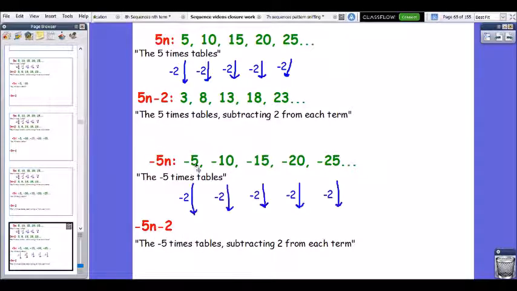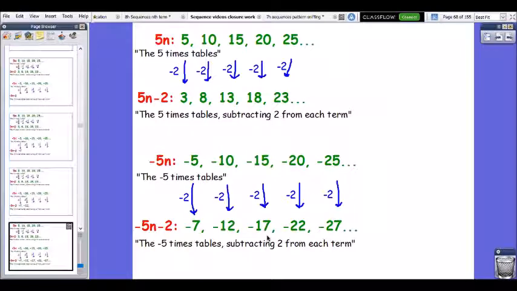So I'm taking this 5 and taking away another 2. So if I'm already on minus 5, I need to go down even more, so I'm getting even more negatives. So that takes me all the way down to negative 7. Negative 10, take away another 2 gives me negative 12. Negative 15, take away another 2 gives me negative 17, and so on. So this green sequence is the first 5 terms in the sequence negative 5n minus 2.